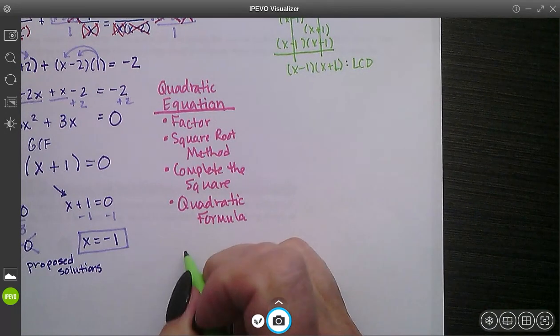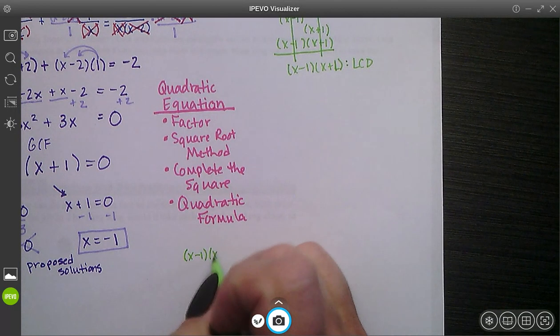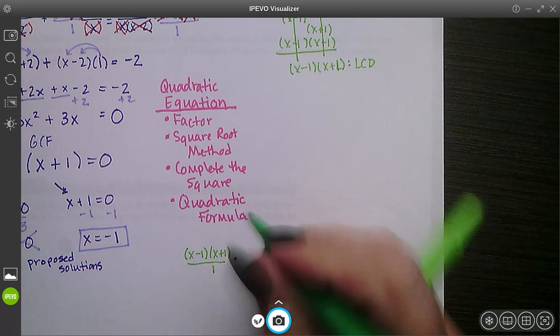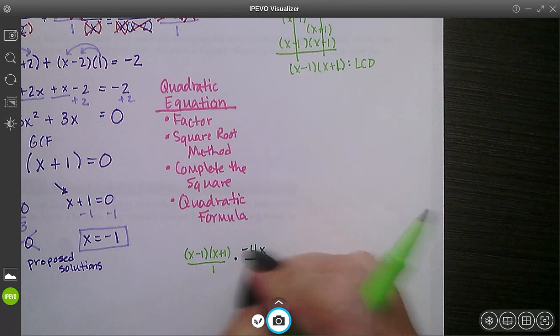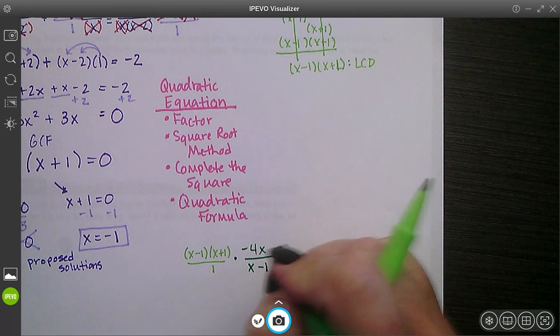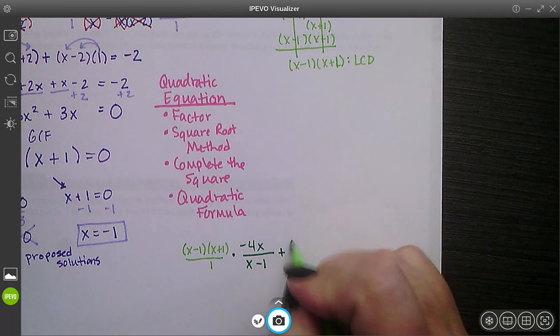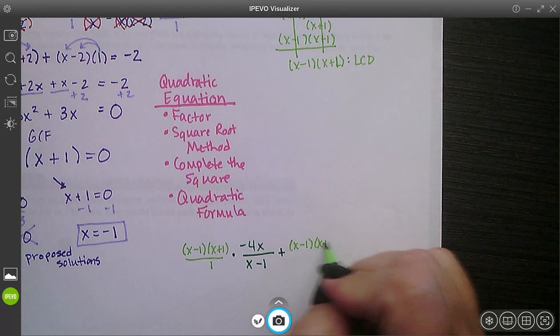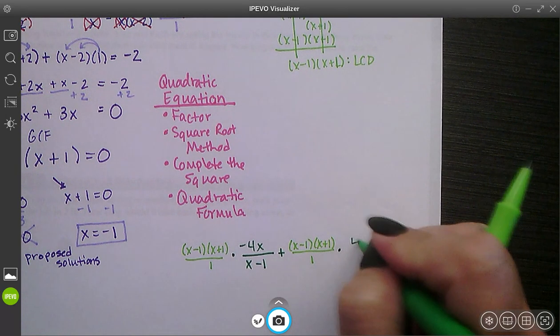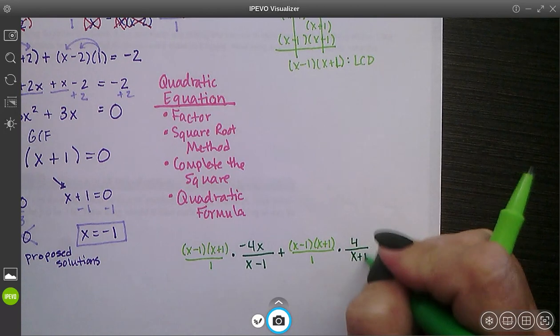So I will take (x minus 1)(x plus 1) over 1 times the first term, which was -4x over x minus 1, plus the LCD over 1, so (x minus 1)(x plus 1) over 1 times my second term, 4 over x plus 1.